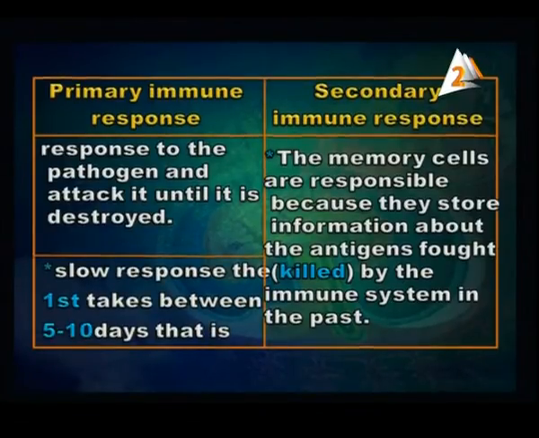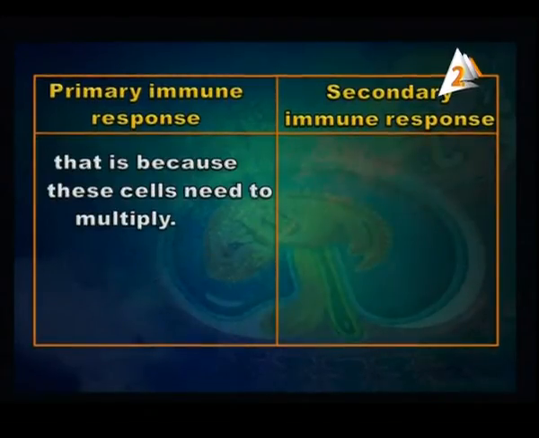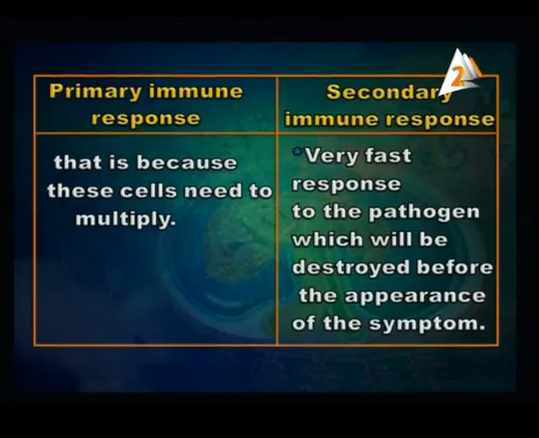Primary immune response is a slow response. The first takes between 5 to 10 days, because these cells need to multiply, while in the secondary, a very fast response, the pathogen will be destroyed before the appearance of the symptoms.